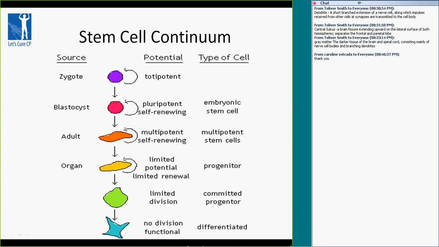Then you also have the progenitor cells, which are usually in the organ. They're the cells that can be immediately recruited. If you have damage to your liver, then the progenitor cell in the liver will migrate to that area of injury and become a liver cell. But at that point, it becomes more difficult. You can't take a liver progenitor cell and turn it into a red blood cell. It won't work.